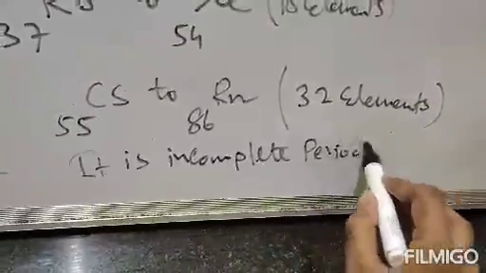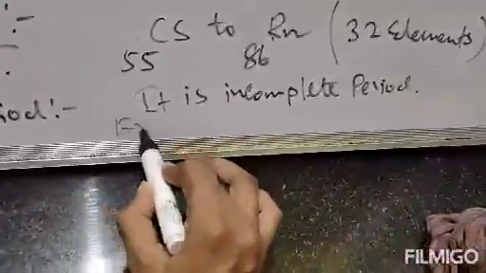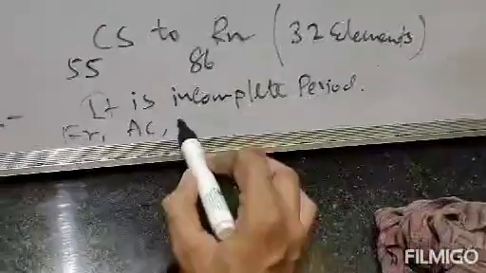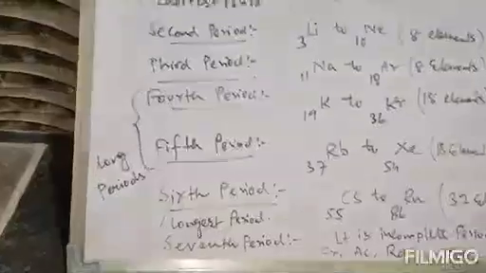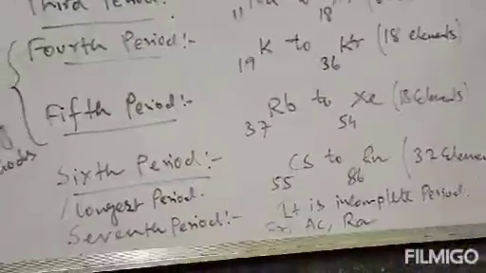Some of the elements from the seventh period are francium, Fr, actinium, Ac, radium, Ra. So these are the elements found in the seventh period. Clear?